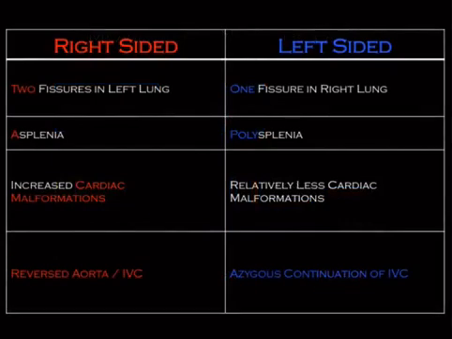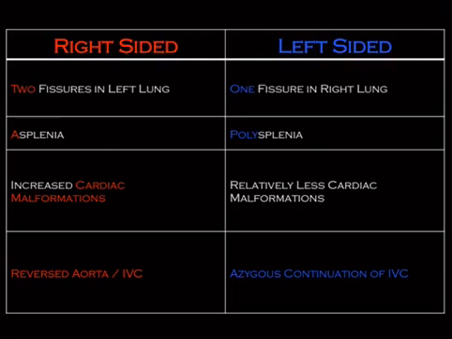So sort of going through this here, right-sided, two fissures on the left side. Left-sided is going to be one fissure on both sides. Asplenia, because right-sided is a liver, so it's like bilateral liver, so there's no spleen. Left-sided is polysplenia, so it's like a bunch of spleens. We'd still have a liver, of course. You can't live without your liver, but it is more left-sided stuff, more spleens.